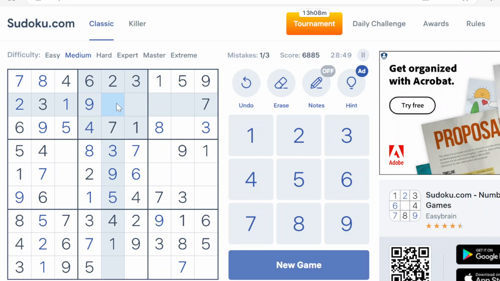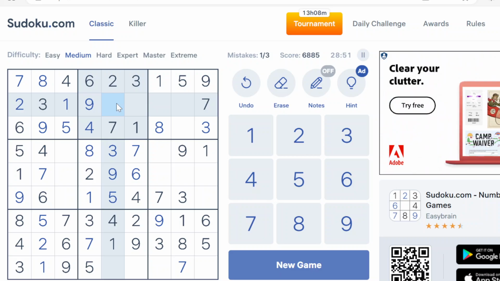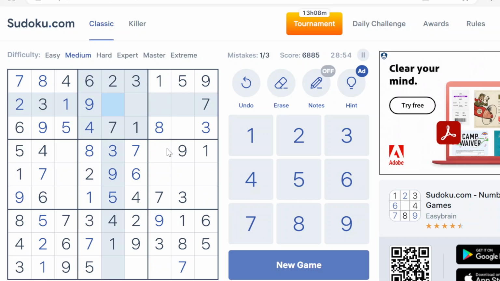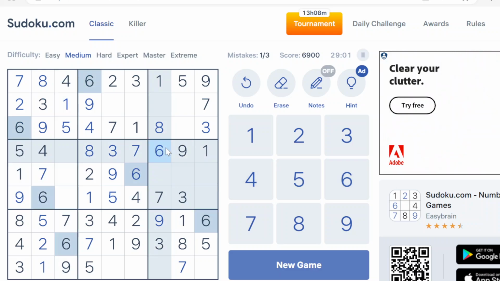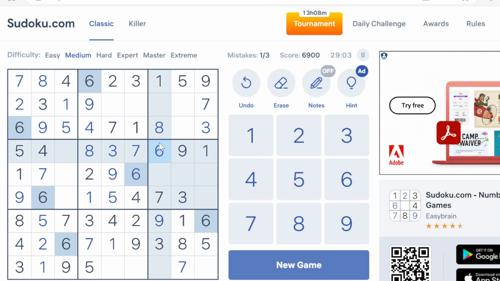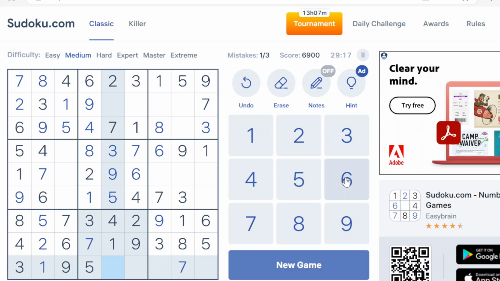Okay, actually, no, this is a 6 because this row already has a 6, this row already has a 6, and this is the only slot left for these 3 boxes. So that's a 6. And that also means that this is a 6 because this column is taken, this column is taken.